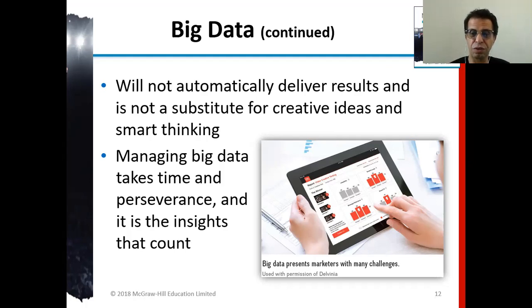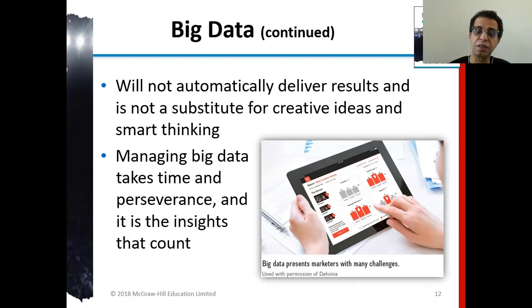And it's not a substitute for creative ideas and smart thinking; it sometimes supports them.